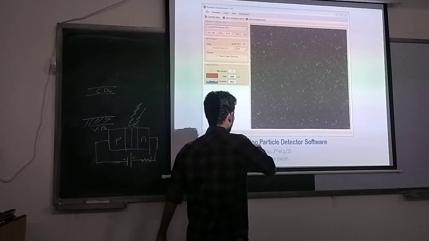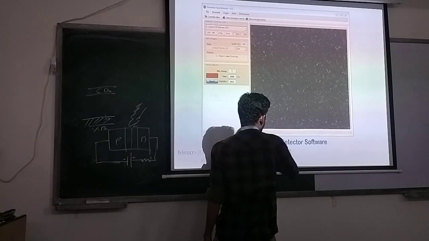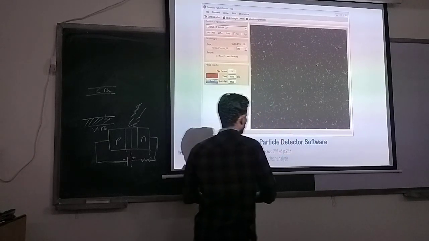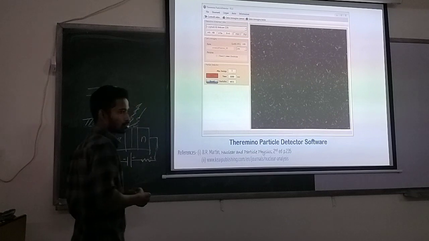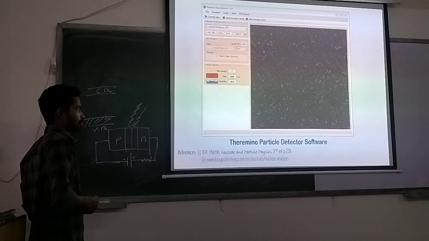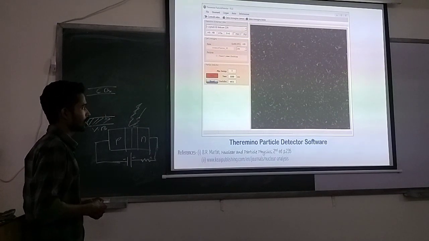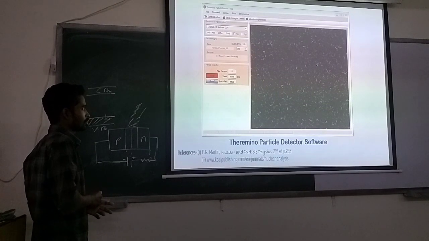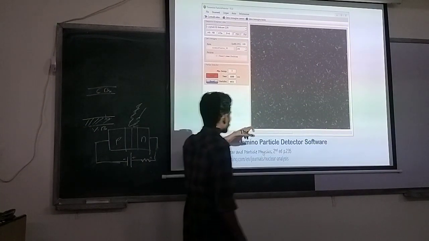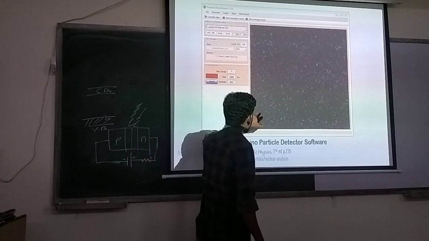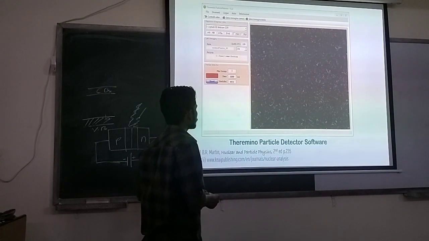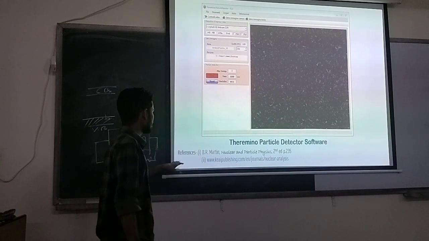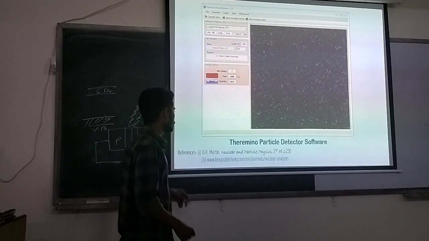The long track gives us the gamma particle, as we know the penetration rate of gamma is very high compared to alpha and beta. So we get a large length, and the small dot is known as a beta particle. This is my reference for collecting this data.